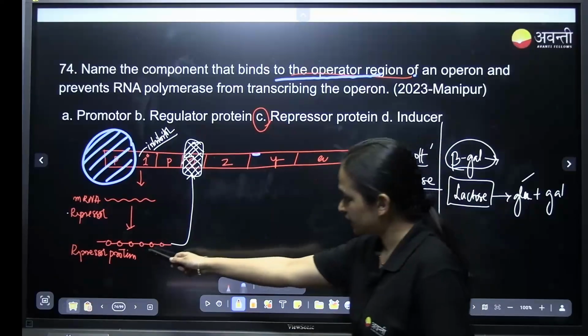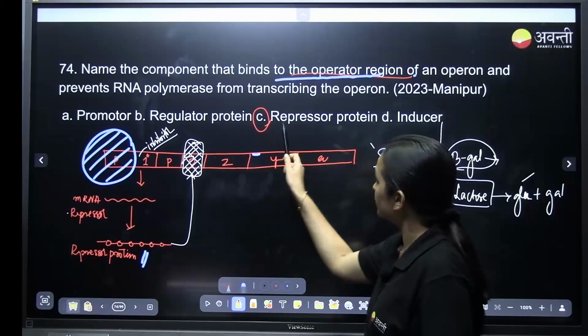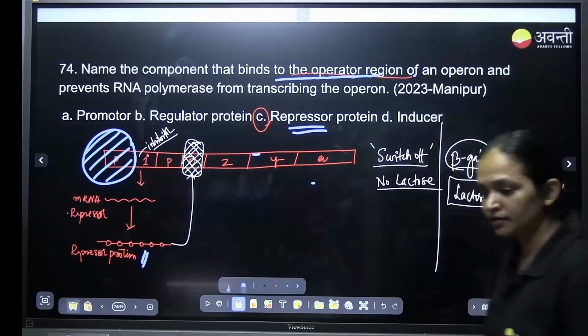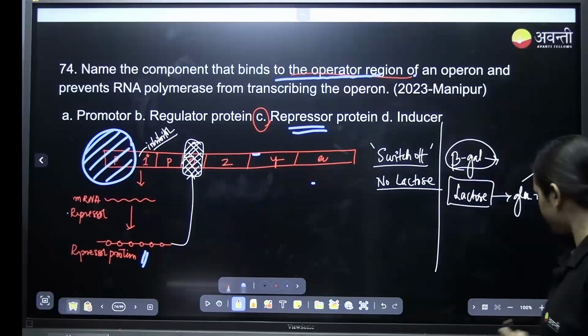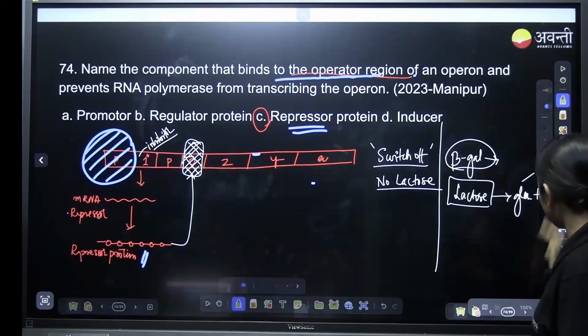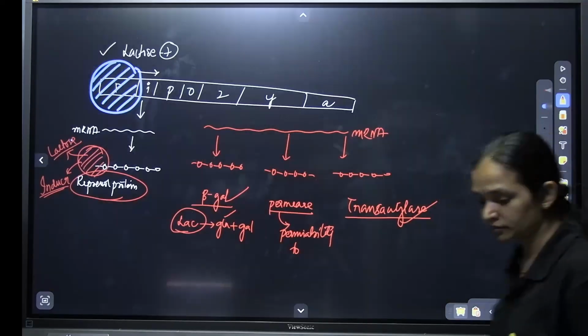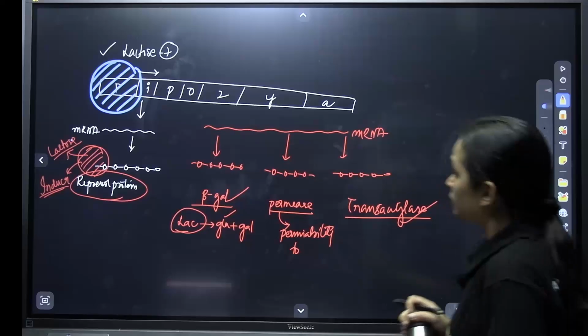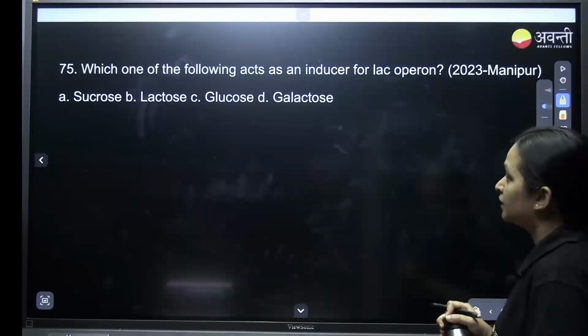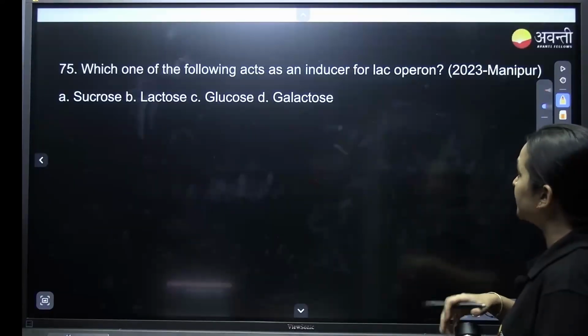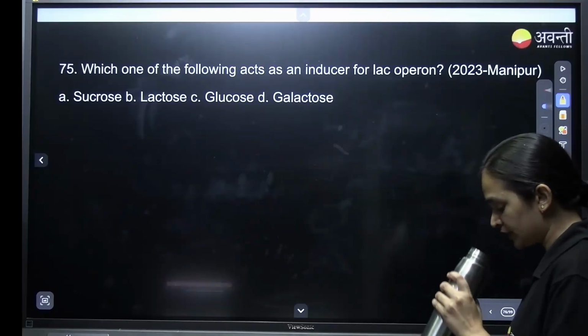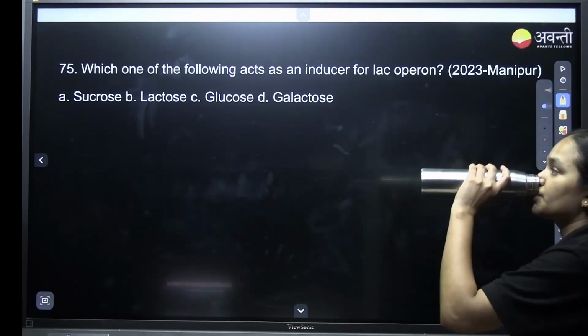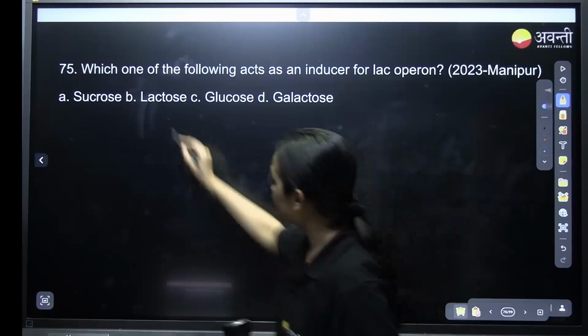Understanding? This is the repressor protein. Okay. Which one of the following acts as an inducer? Who is the inducer? Lactose. Very good. Lactose.